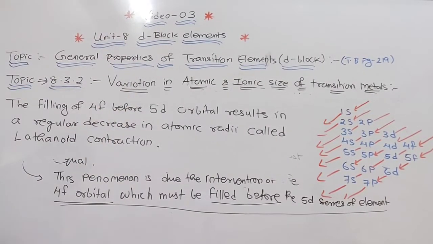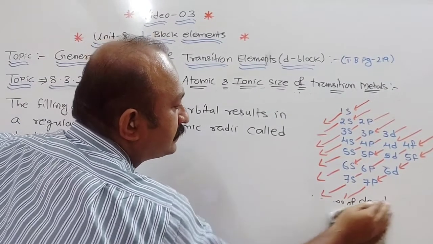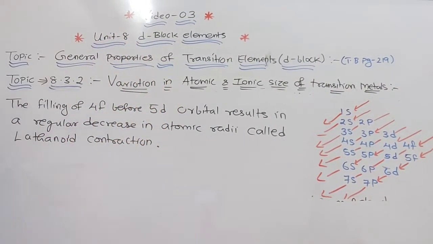So due to that, this lanthanoid contraction will be there, because of filling of this, which compensates for the expected increase in atomic size on moving down the group with the increase in atomic number.